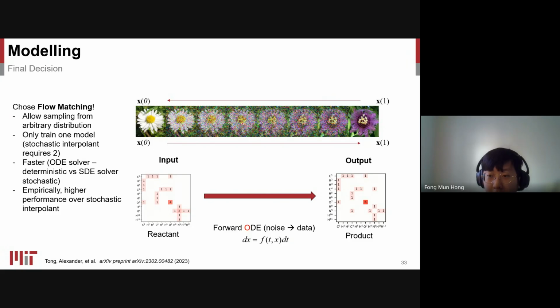And then we also want to allow sampling from an arbitrary distribution to a target distribution that we want. We initially started off with stochastic interpolants, but it did not quite work well. So empirically we love flow matching because its ODE solver is relatively quicker than the SDE solver, and at the same time it has higher empirical performance.